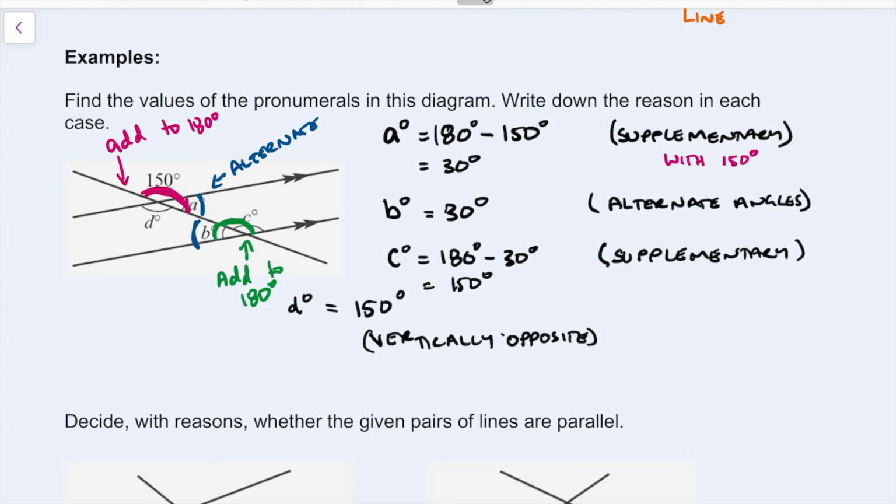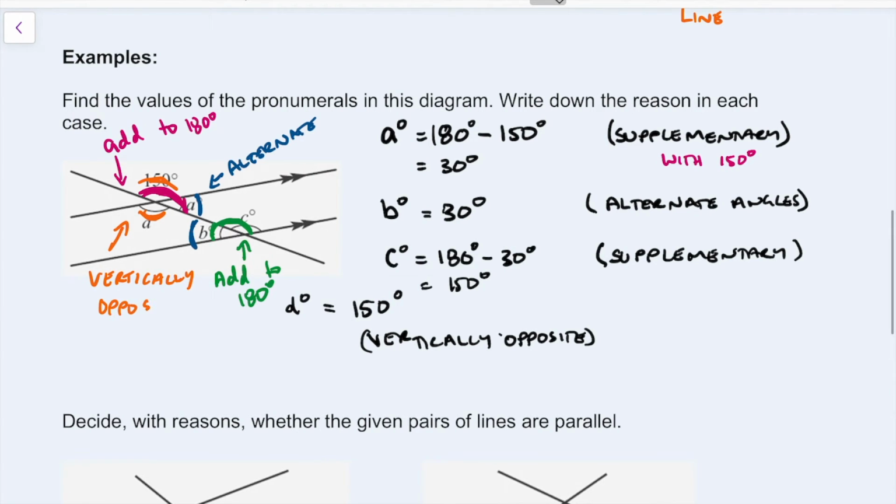And then we have our last one, D and the 150. These are vertically opposite. Now, please remember when we say vertically opposite, we don't mean they need to be standing upright. They just need to be directly opposite to each other, not next to each other. That's all it means.